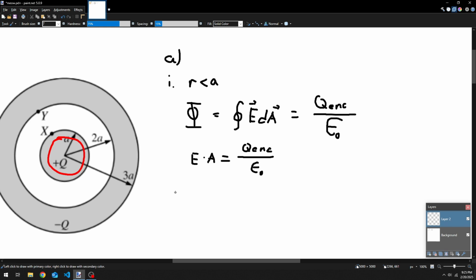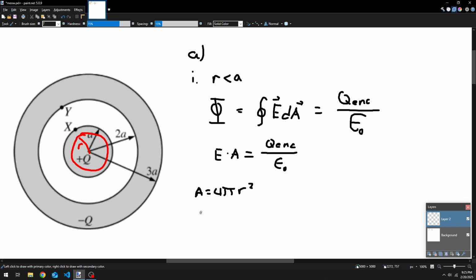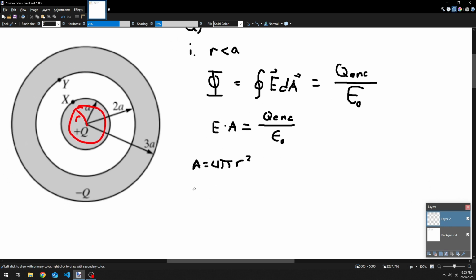So first we can find A pretty easily. The area of our Gaussian surface has a radius r. The surface area of a sphere is 4 pi r squared. Q enclosed is a little harder to figure out, but it becomes easier once we realize that our density is the same throughout the entire sphere. So this plus q, this charge over this entire sphere, has the same density.